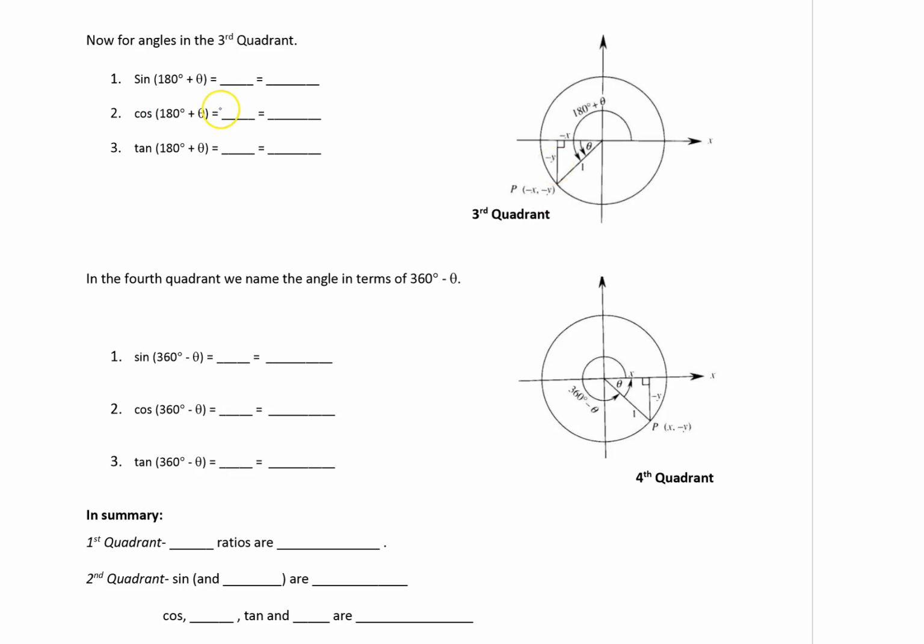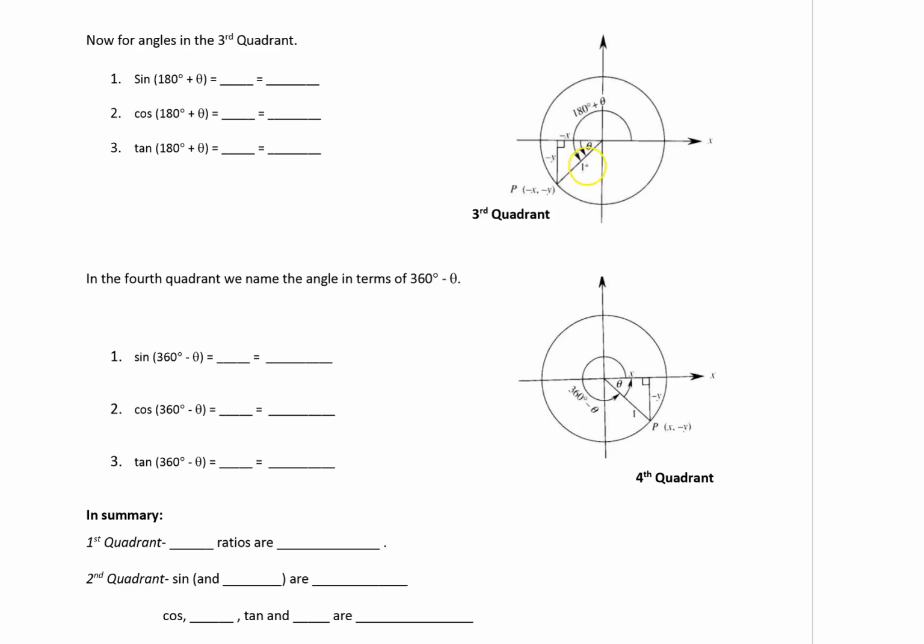So again, we're following the pattern that the sine of an angle is the y ordinate and the cos of the angle is the x ordinate, and the tan of the angle is y over x.